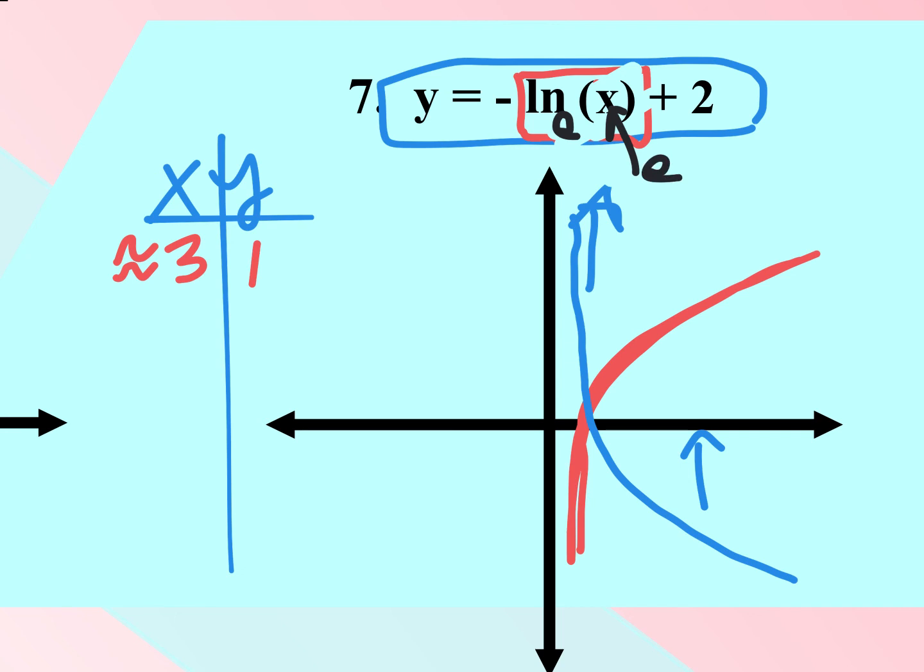Log base E of E? Well, that's pretty much the same thing as this, because E is pretty much 3. You know what I mean? So you could handle it 2 different ways. You could say, I'm going to put in E, and I'd get 1. Or another kid might say, I think E is pretty much 3, so I'm going to put in 3. And you still end up getting 1. But this is actually more accurate. Okay. What else can we put in?